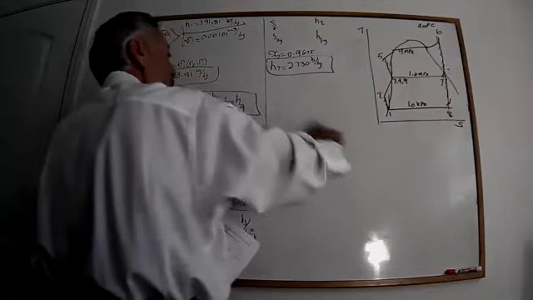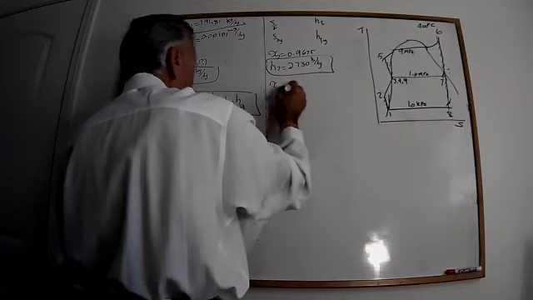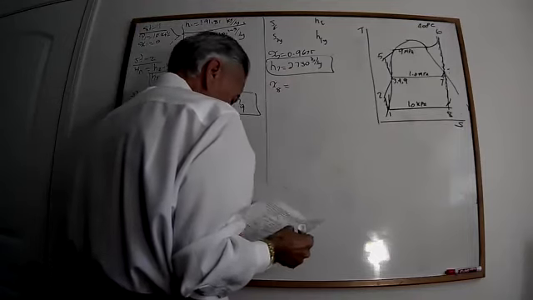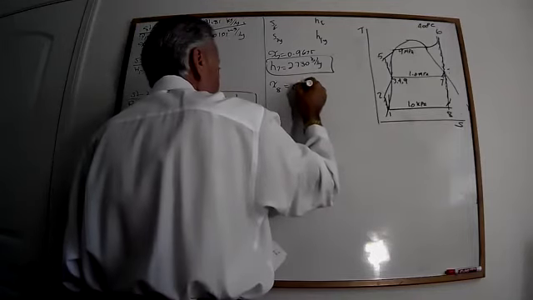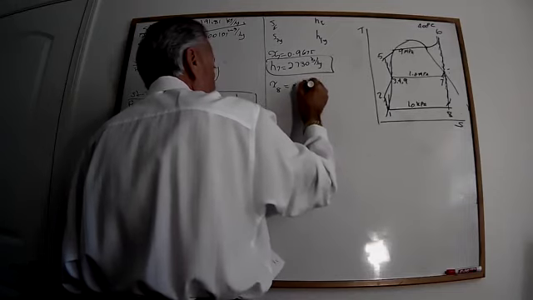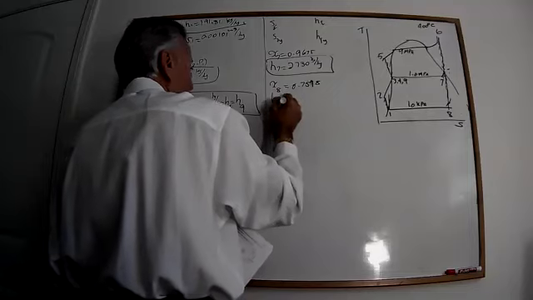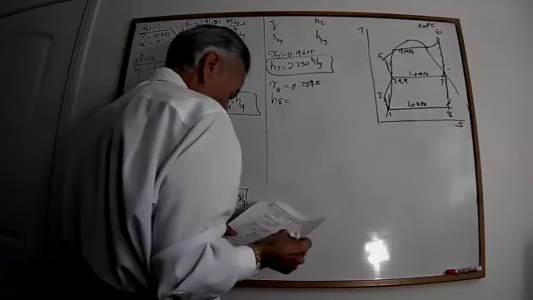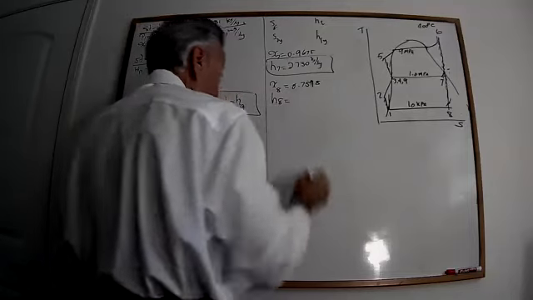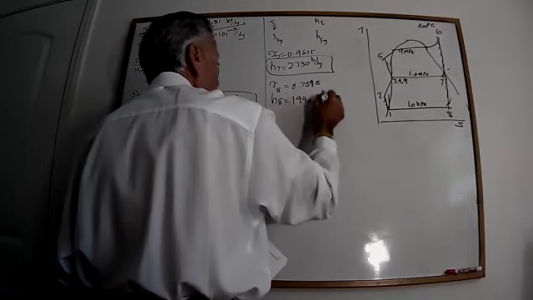You do the same thing for 0.8, and you find the value of X8 to be 0.7518. And H8 in this case would be 1990.2.